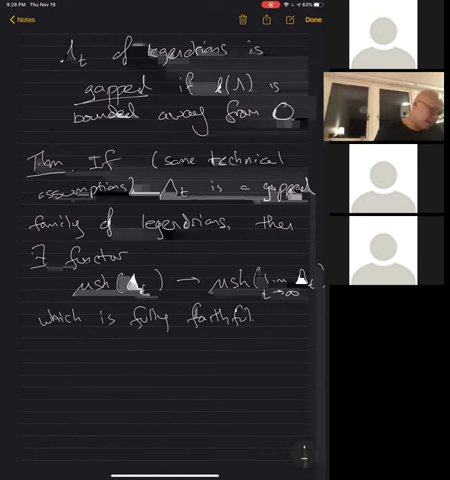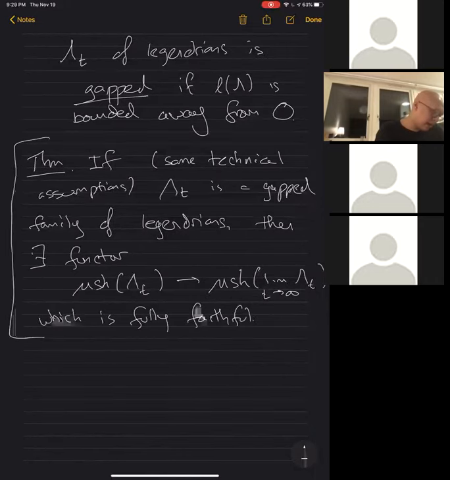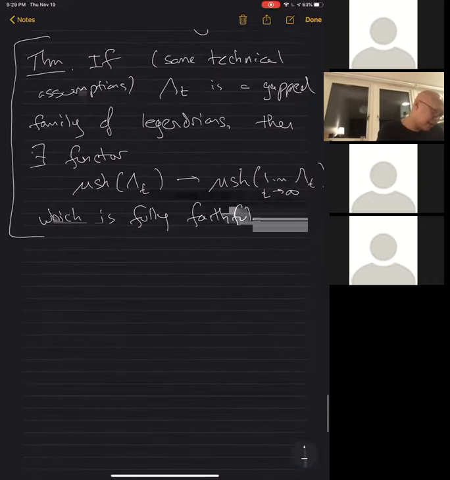This is in some sense the main theorem of that paper with David Nadler, and let me explain at least how you use it to do geometry.